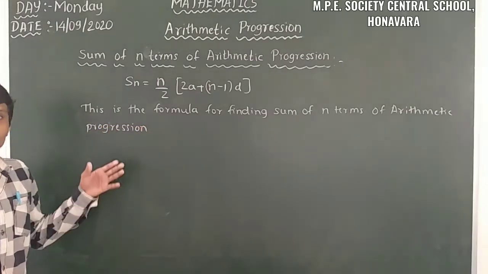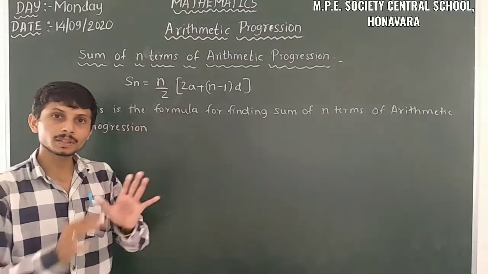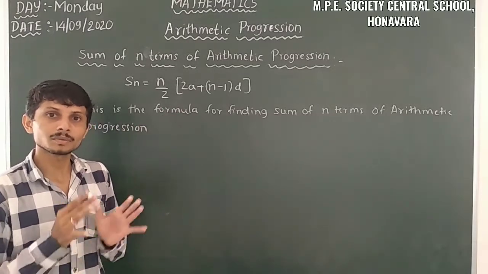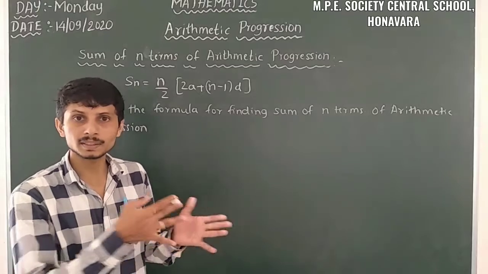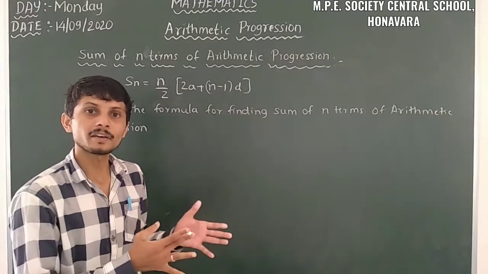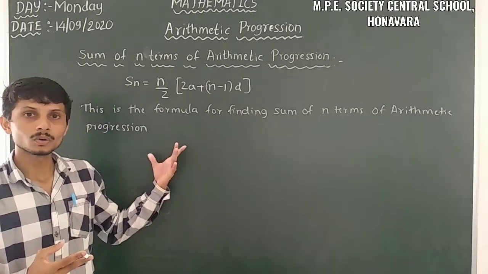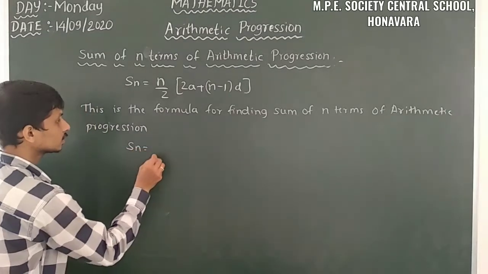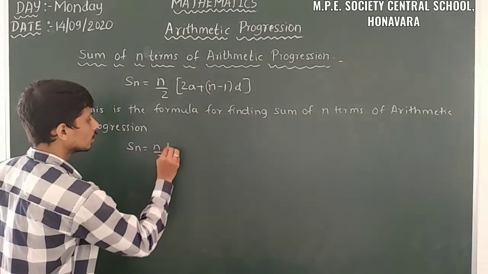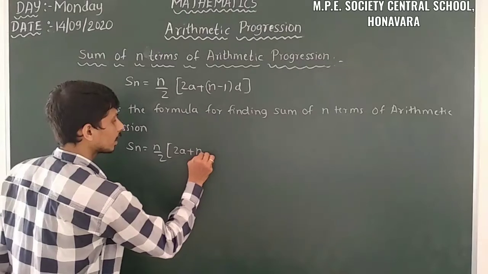Yes. So when we do some conversion, we get a relation between Sn and an. The nth term of an AP and the sum of n terms of an AP have a relation. How do we analyze it? We have Sn is equal to n by 2 into 2a plus n minus 1 into d.